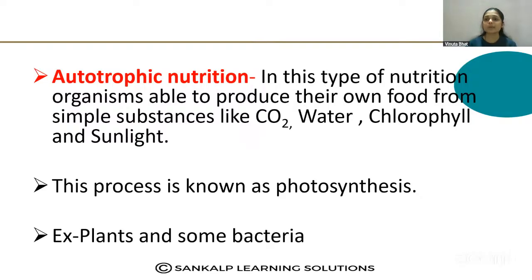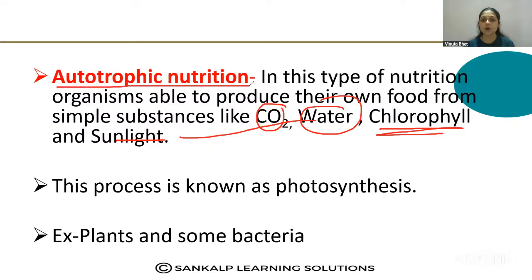In this type of nutrition, organisms are able to produce their own food from simple substances like carbon dioxide, water, chlorophyll and sunlight. They use all these simple substances and produce their own food. This type of nutrition is called autotrophic nutrition.